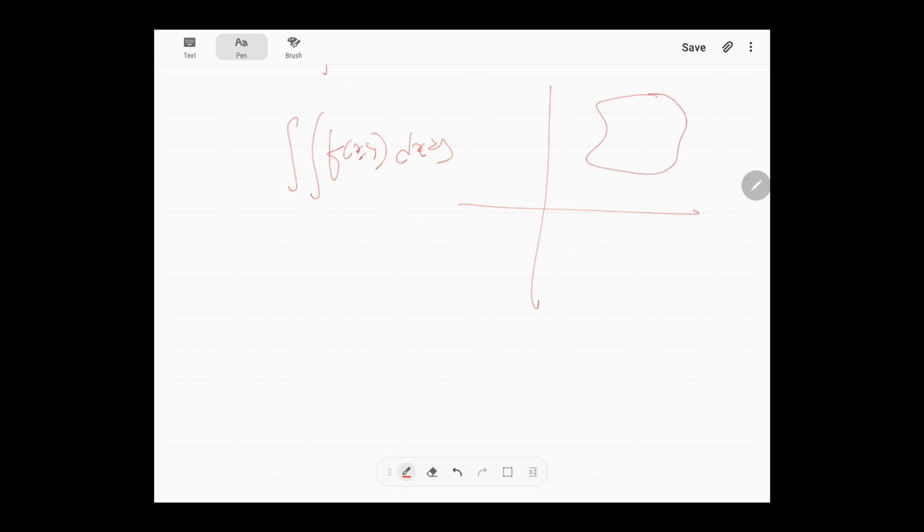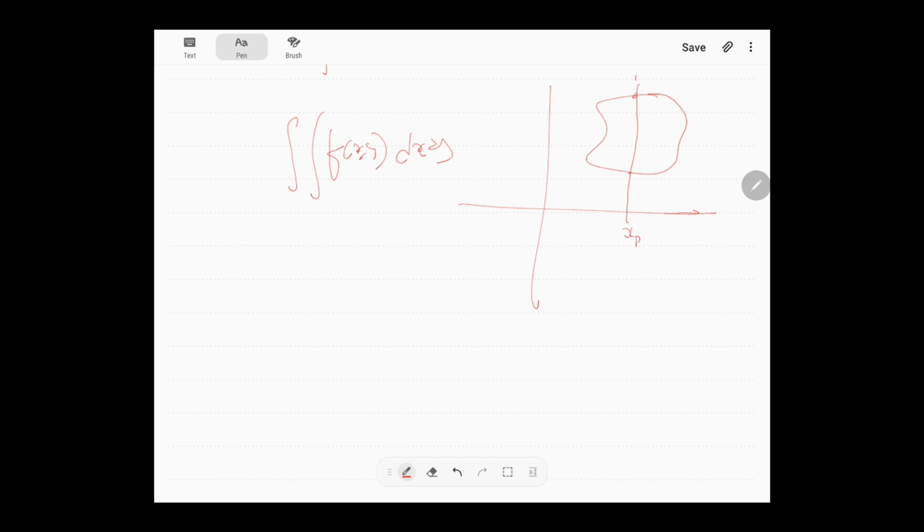Now the idea is this. Suppose x is given to you, for example x equal to xp. Whenever I give you a value of x, if I draw the line x is equal to xp, that line is cutting this region at 2 points.